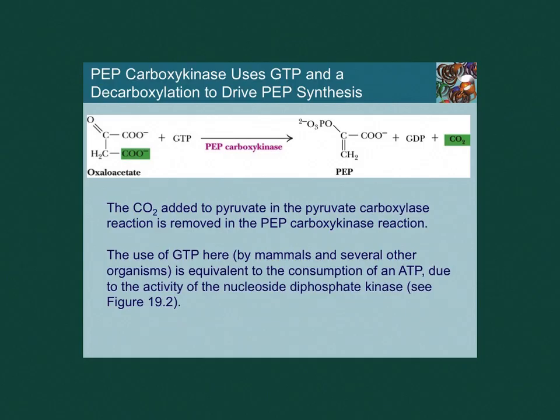So if we look at the reaction here, we have our oxaloacetate and GTP, our phosphoenolpyruvate carboxykinase, or PEPCK, and our product is phosphoenolpyruvate, GDP, and carbon dioxide. If you note, when we made PEP, we got out 1 ATP in glycolysis.